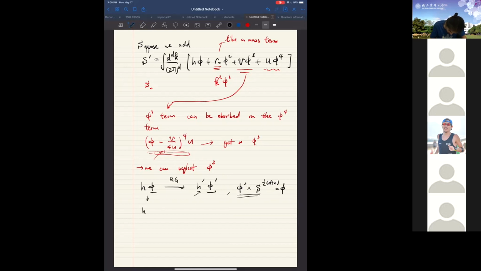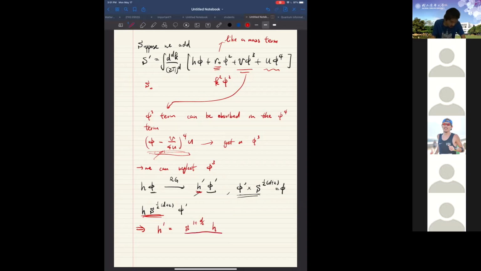So let's just do this way. So this will be S1. If I compare these two, I can read out the changes of coupling constant, right? That indicates the new coupling constant after doing the RG will have this kind of shift: h becomes s to the power (1 + d/2) times h.